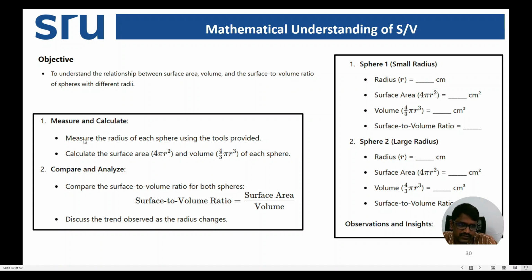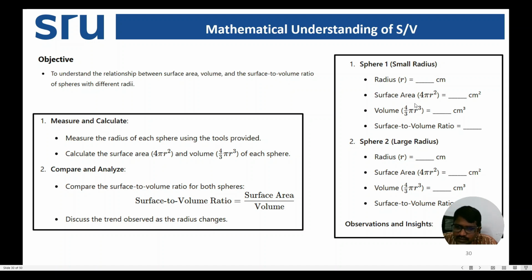Measure the radius of each sphere using the tools provided. What is the surface area formula? 4 pi r squared. What is the volume formula? 4/3 pi r cubed for each sphere. If you divide surface area by volume, you get the surface to volume ratio.